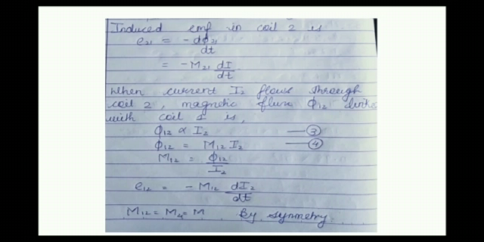Phi 12 equals M12 into I2, that is equation number 4. M12 equals phi 12 upon I2, where M12 is the mutual inductance of the coil 1 with respect to the coil 2. The induced EMF in the coil 1 will be E12 equals minus M12 into dI2 by dt. By symmetry, we have M12 equals M21 equals M.